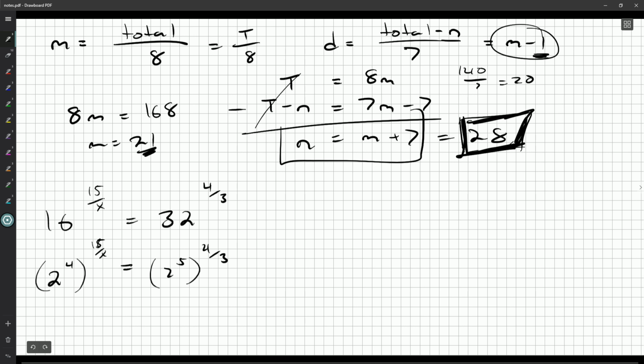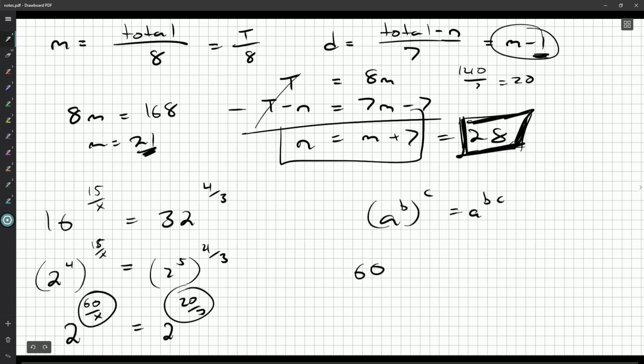Now we know exponent rules. You've got an exponent to an exponent, you can bring the bigger exponent inside and make it a multiplication. So 4 and 15, that'd be 60 over x, and then 5 times 4 is 20, 20 over 3. And so now these exponents must be equal.